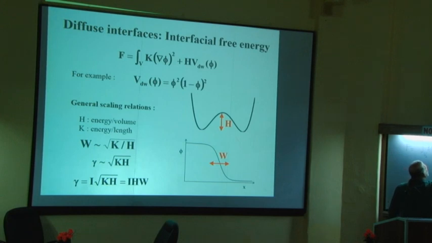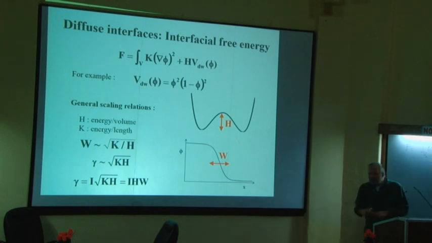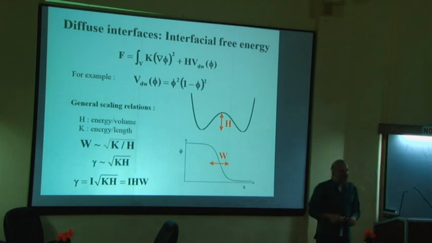You integrate over the solid domain the bulk free energy of the solid, over the liquid domain the bulk free energy of the liquid, and then you have the surface energy here, and you integrate along this. So we have to find ways to represent these contributions in the phase field language.